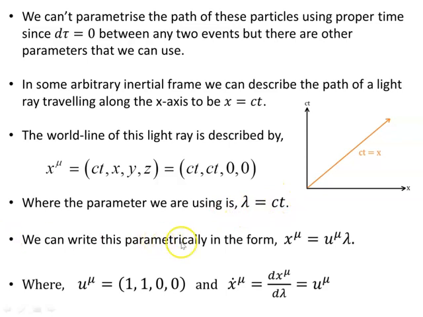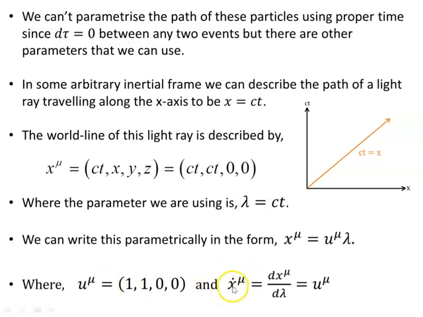Now, we can write this parametrically in the form x^μ = u^μ λ, where u^μ are the components of the vector (1, 1, 0, 0). All right. So this is a constant vector.